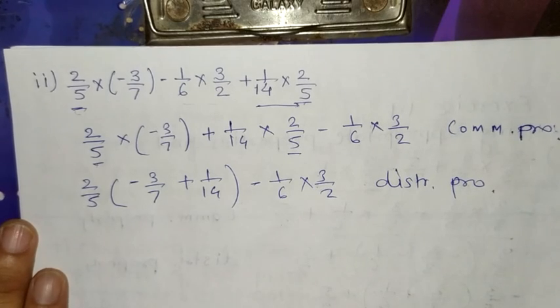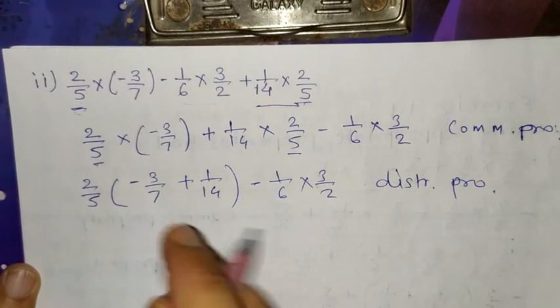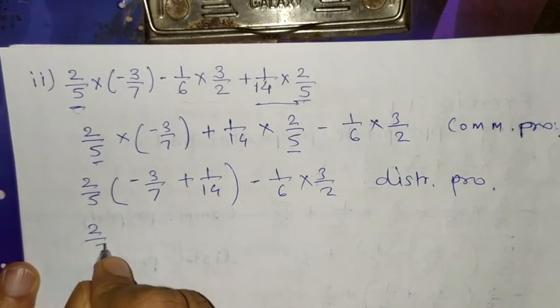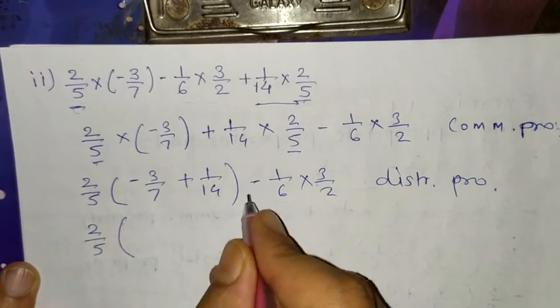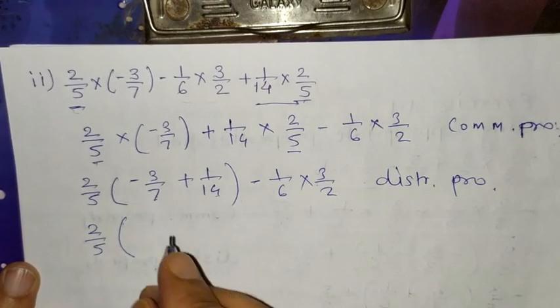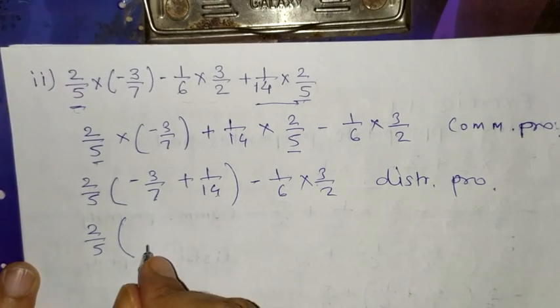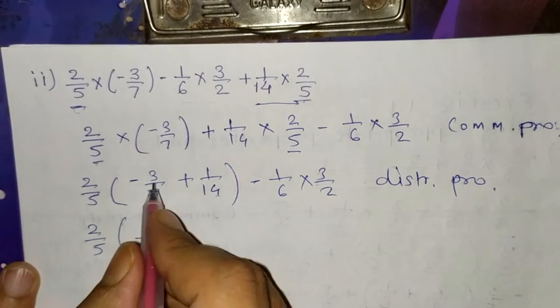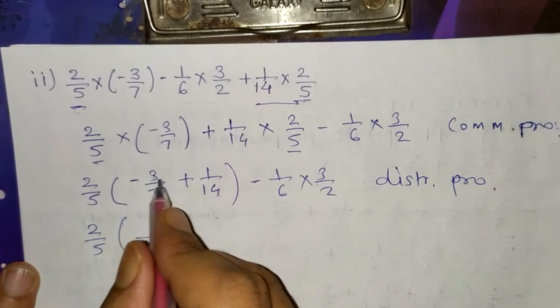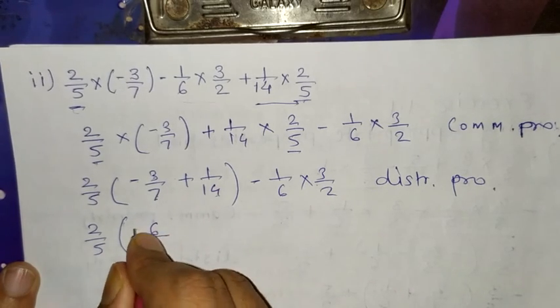Okay, then our next one is 2 by 5 as it is you write. Inside it now you can solve. Here 14 is there, here 7, so you have to convert into 14. How will you convert? 7 into 2 is 14. Then you have to use the same number here. We did 7 into 2, 14, so minus 3 into 2, how much? 6.